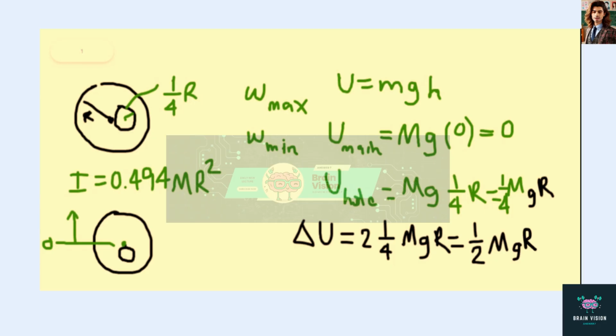So now let's write about conservation of energy. Potential energy initial plus kinetic energy initial is going to be kinetic energy final plus potential energy final.